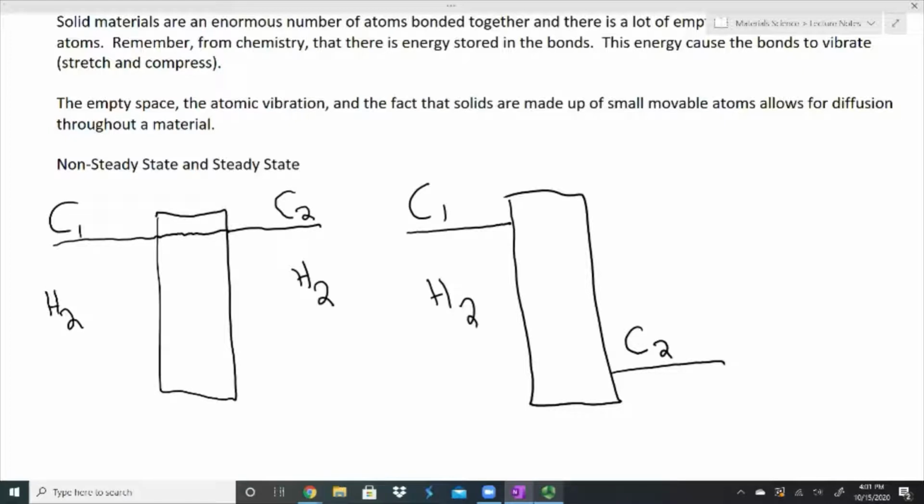Well, both of them have hydrogen gas, and so hydrogen is going to try to get through the material in both directions. But coming from the left, there's a higher concentration, so more of it is trying to get through, whereas on the right we have less of it, and so less of it is trying to get through.